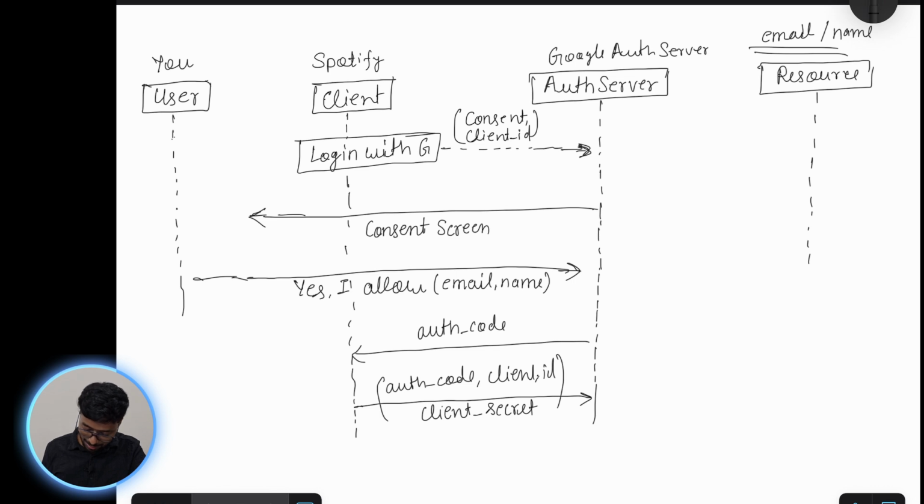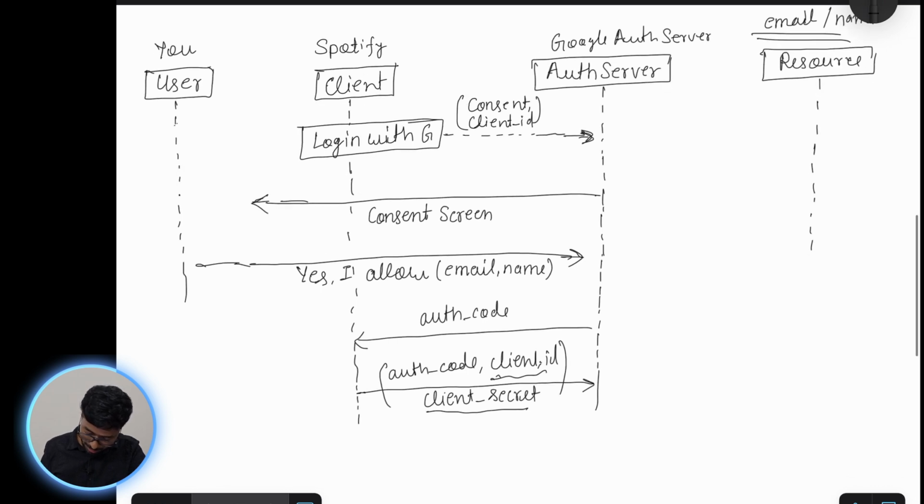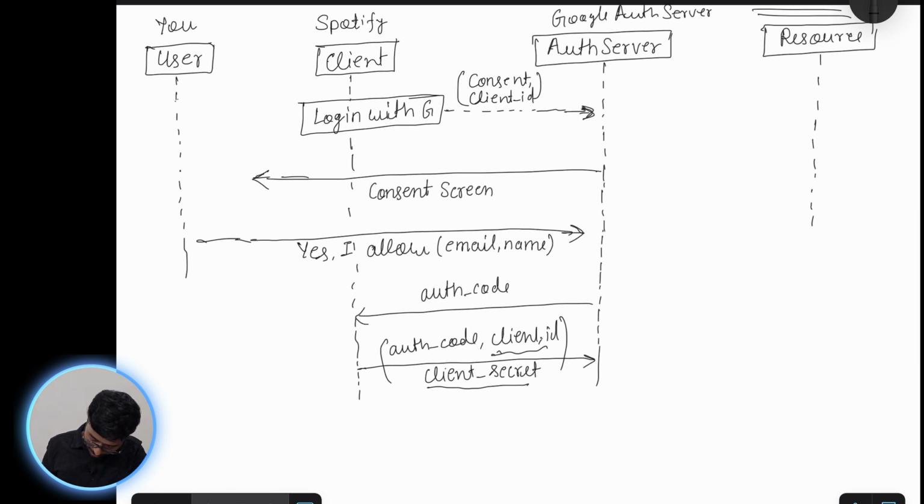The same client ID and secret will be shared with the Google auth server at this point of time. Now Google will know that Spotify has already registered with me and this is the same client that is requesting access for resources. So it will provide Spotify the token.